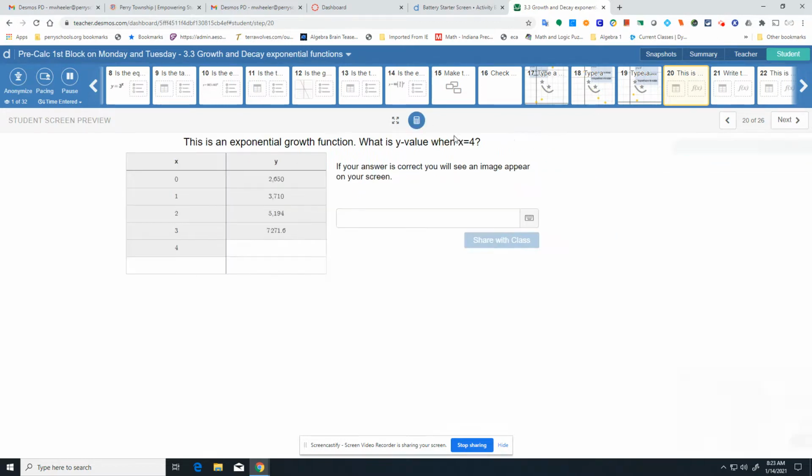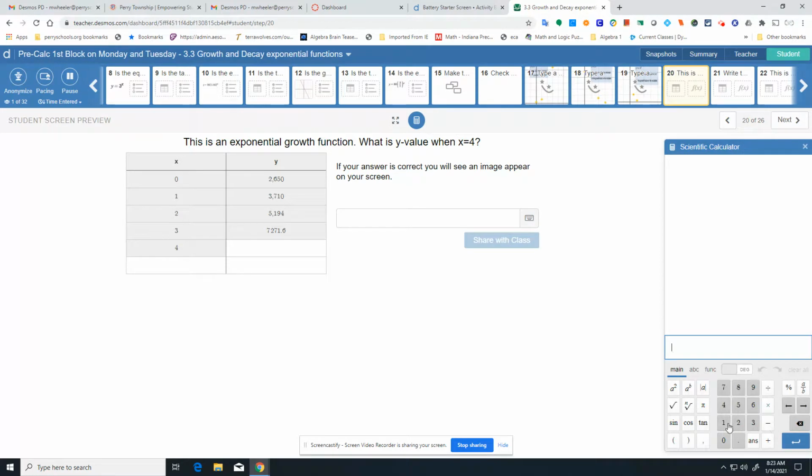So if you took 71.6 times 1.4, 10180.24. Yep, it'll give you a little hand clap. So you just have to figure out what's being multiplied. So it's 2650 times what gives you 3710.